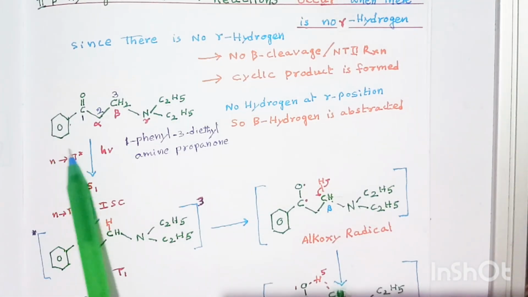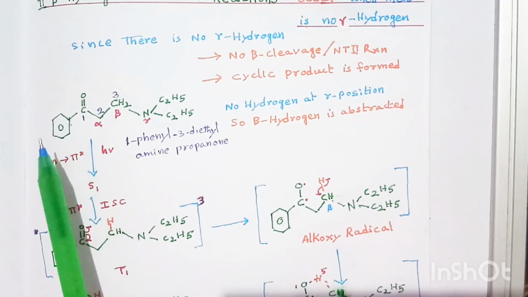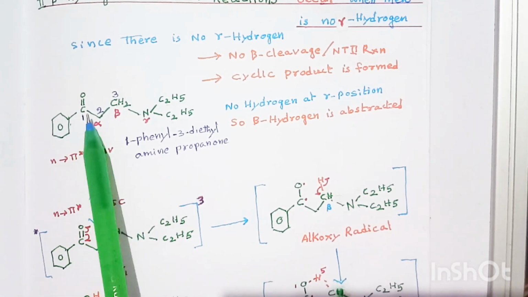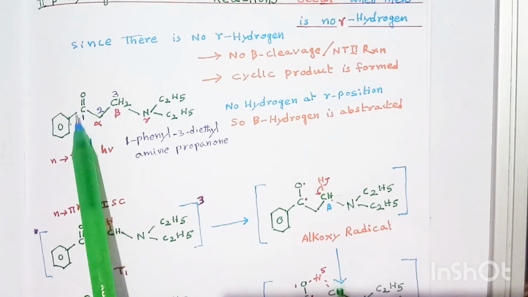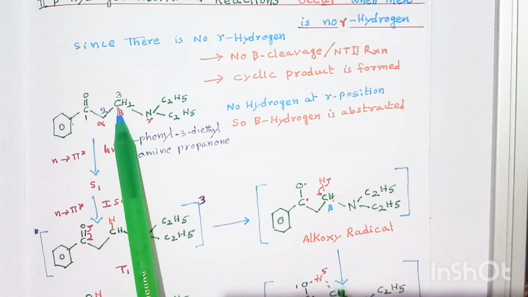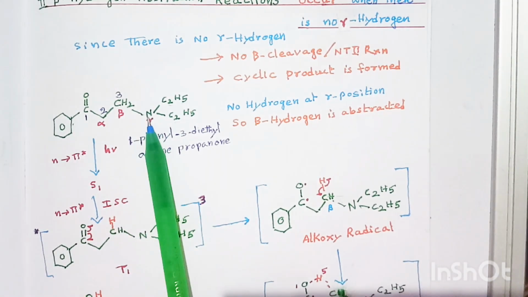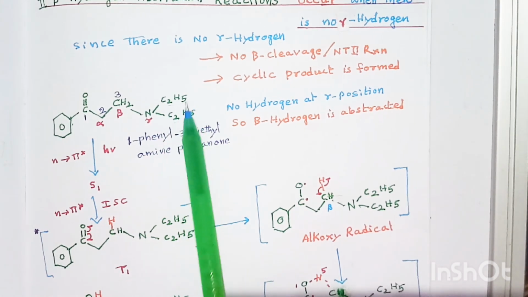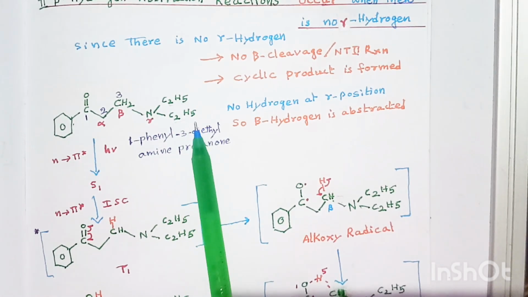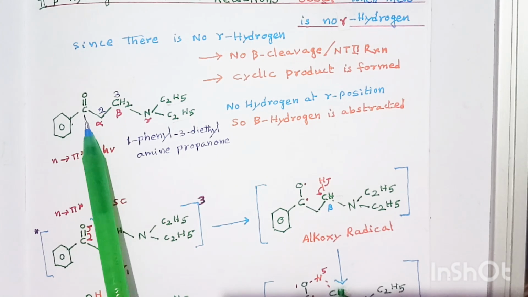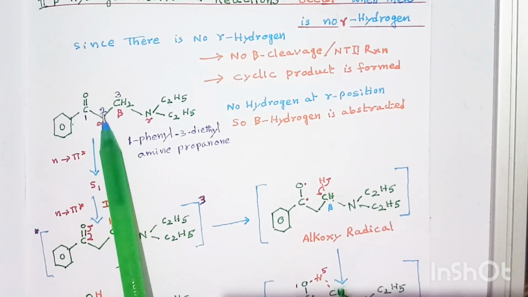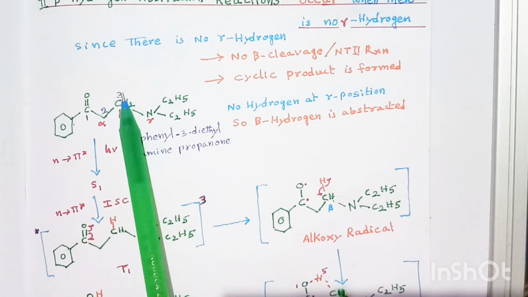Let us see this compound: C6H5, C double bond O, CH2, CH2, N, C2H5, C2H5. Let us name the compound. This is the first carbon, this is the second carbon, this is the third carbon.